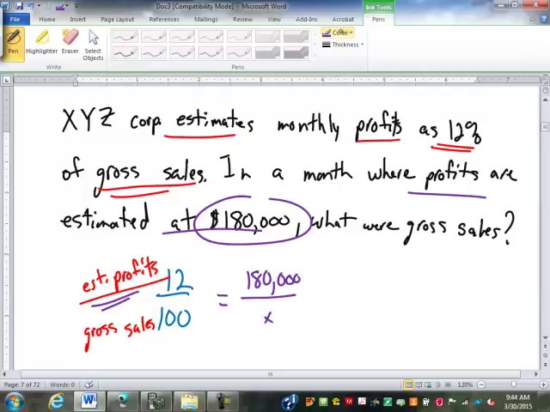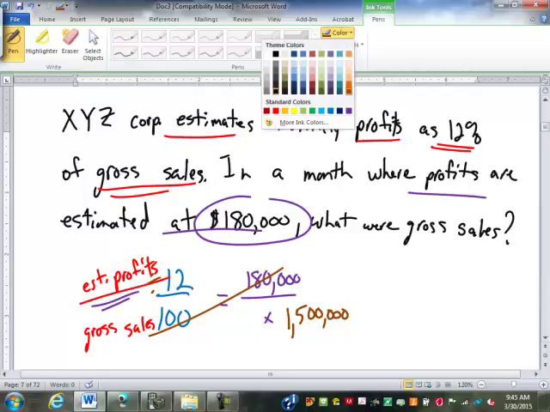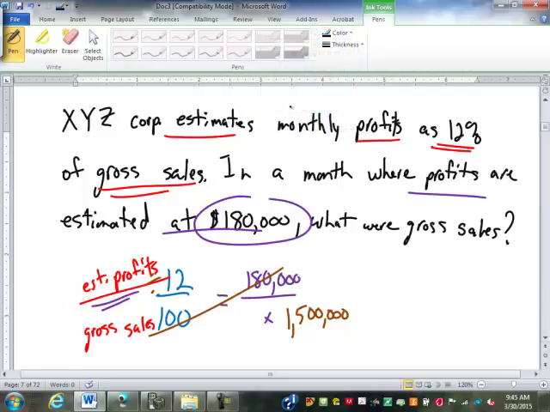So we're looking for this number. So we shall cross multiply and divide and get $1,500,000 in gross sales. Pretty simple, right? So using that proportion whenever possible, to me, makes life a lot easier.